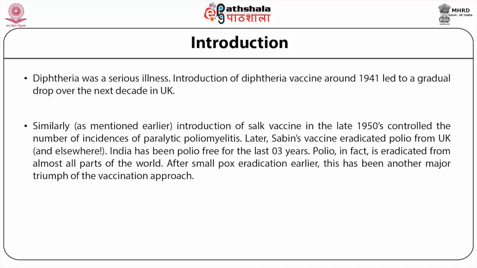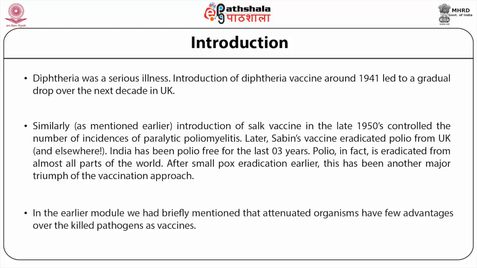Later, Sabin's vaccine eradicated polio from UK and elsewhere. India has been polio-free for the last 3 years. Polio, in fact, is eradicated from almost all parts of the world. After smallpox eradication earlier, this has been another major triumph of the vaccination approach.